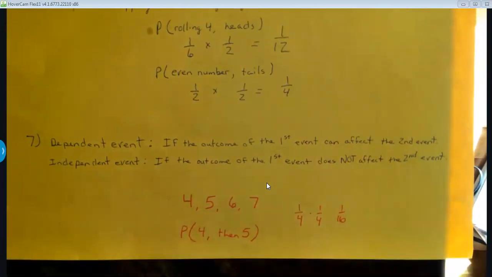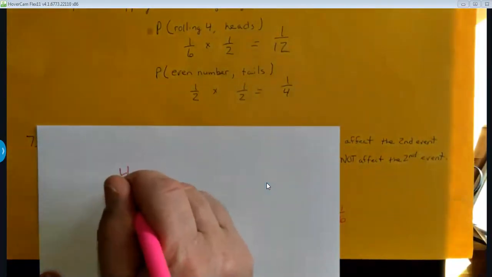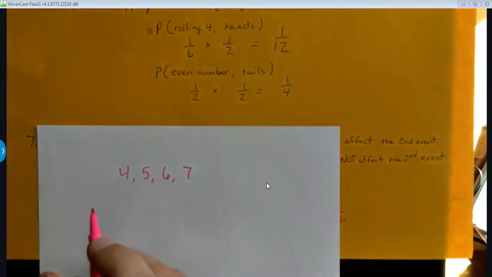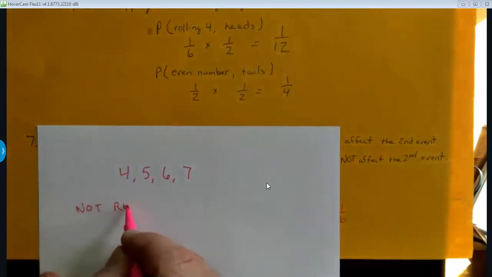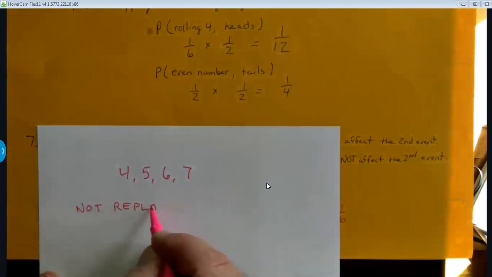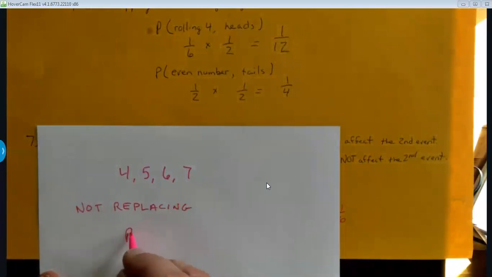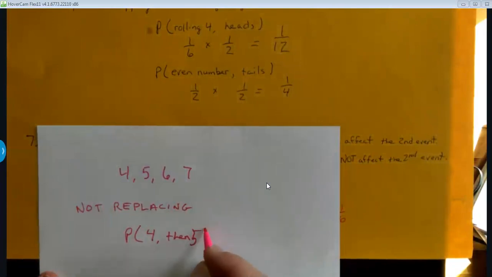Now if I have those same numbers, 4, 5, 6, and 7, and now I'm not replacing after my first draw. What is the probability of getting a 4, then a 5?